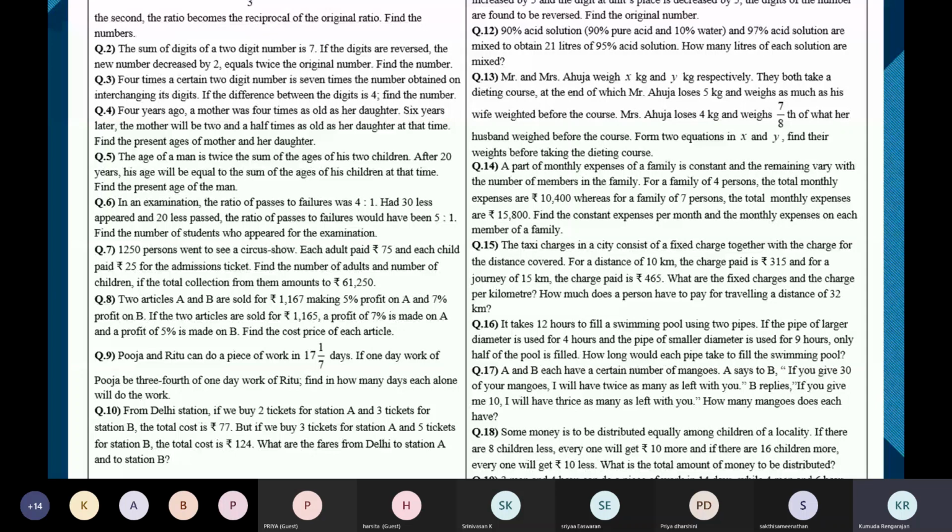All right. So let's answer some questions, children, so that all of us understand. I'm sure all of you have been trying. So let's start like this. Please write down as I'm saying. Now, the question talks about students who have passed and failed in an examination.